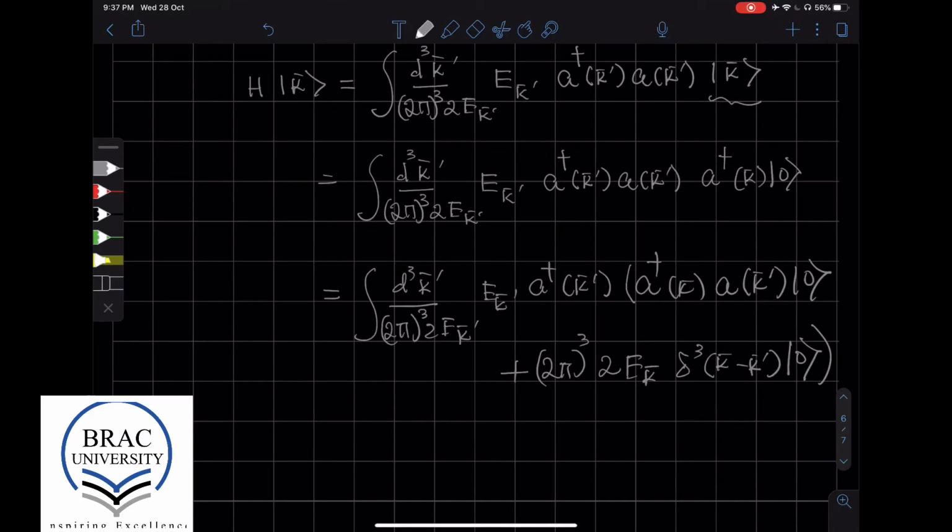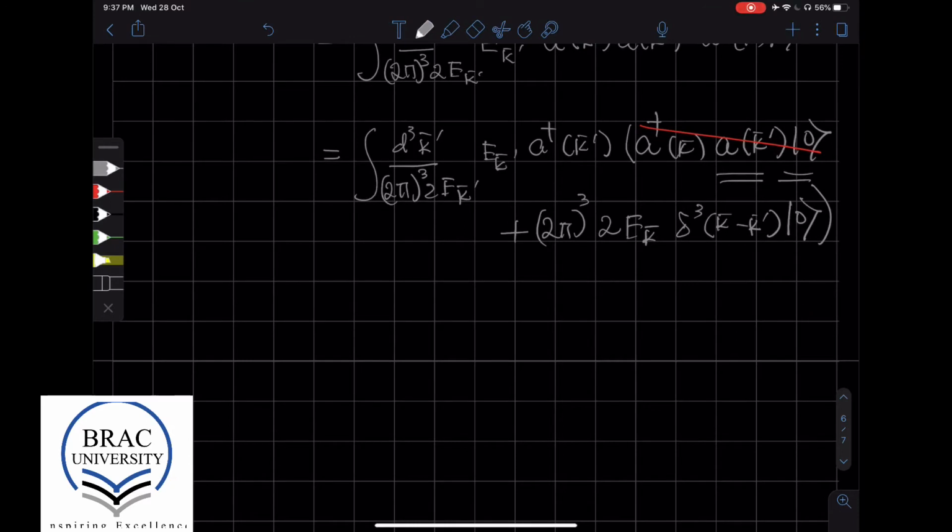Now, this is an annihilation operator. This acting on the vacuum gives me 0. So the first term drops out. So as a result, what we have is this thing multiplying this thing. But here we have a Dirac delta function, so we can do this integral, and everywhere we had a k prime it becomes a k.